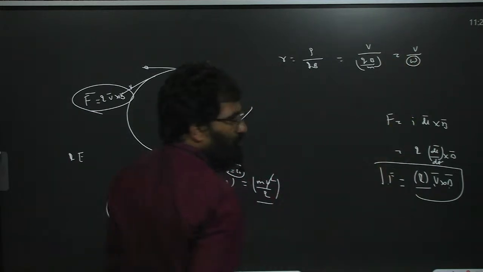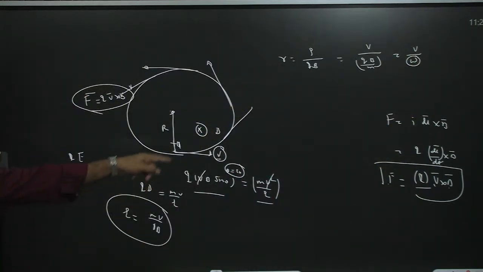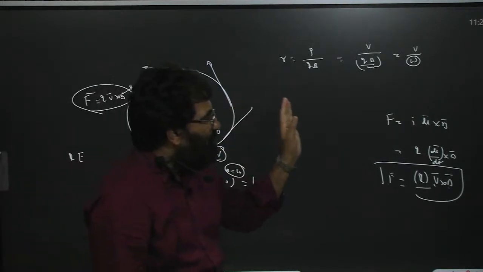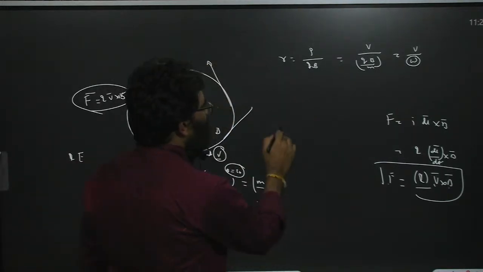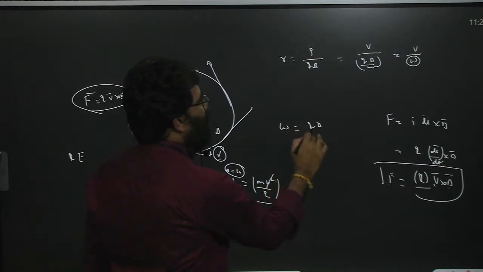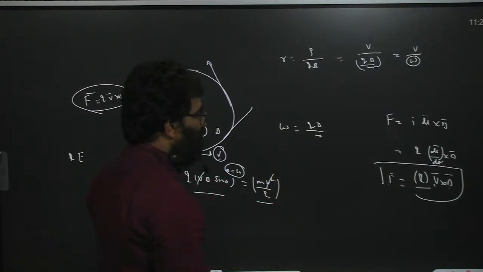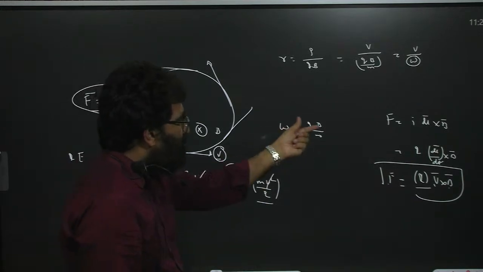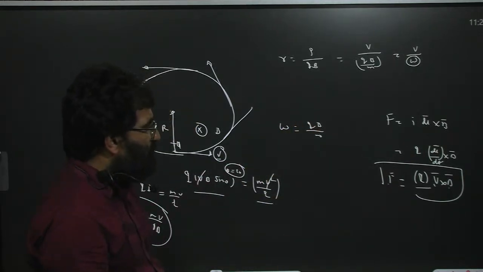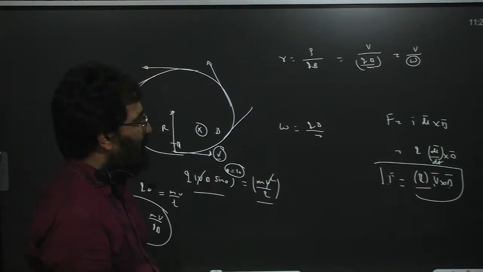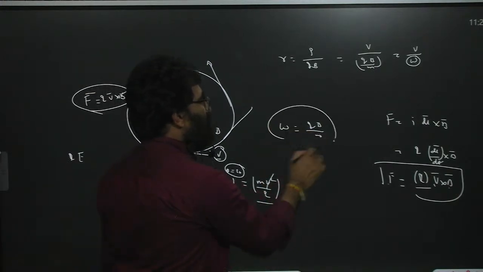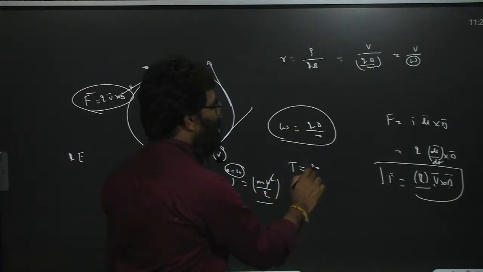Omega is the angular velocity of any charged particle projected in an external magnetic field. That omega is only qB by m. q is the magnitude of the charge, B is the magnitude of the magnetic field, and m is the mass of the charged particle. So this is called angular frequency, and the time period is nothing but 2 pi by omega.